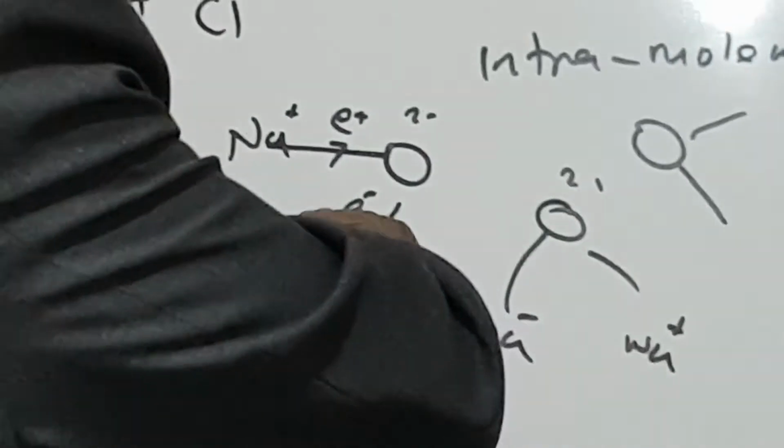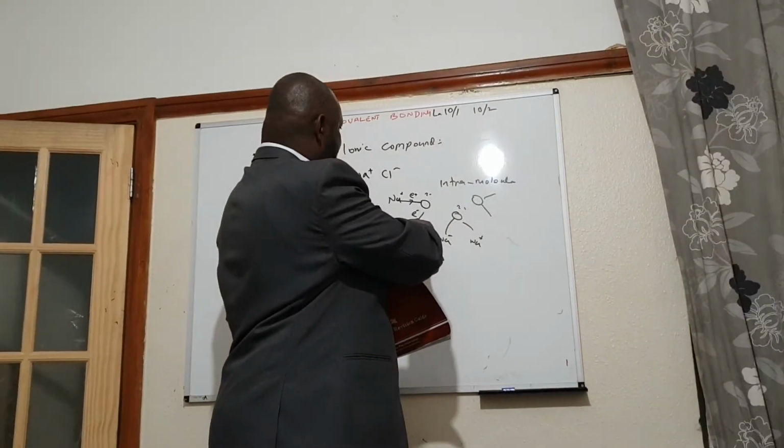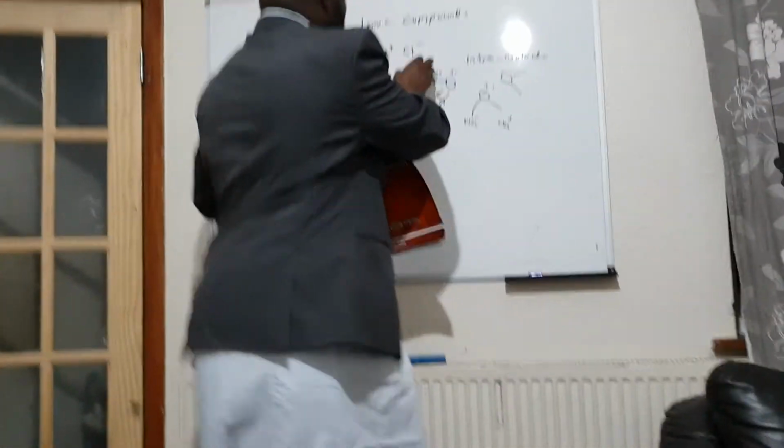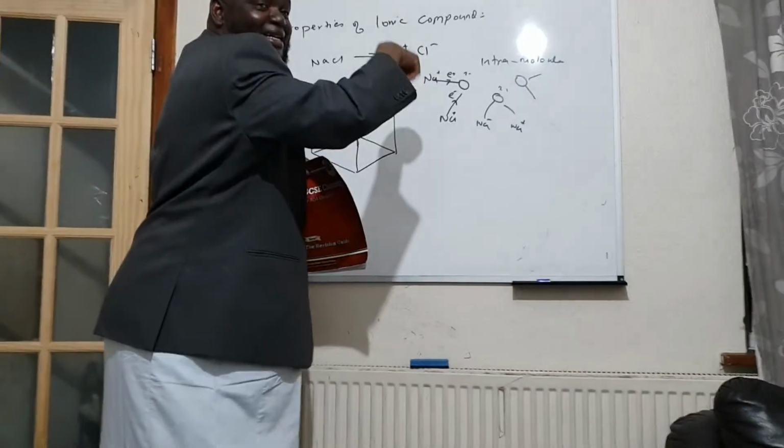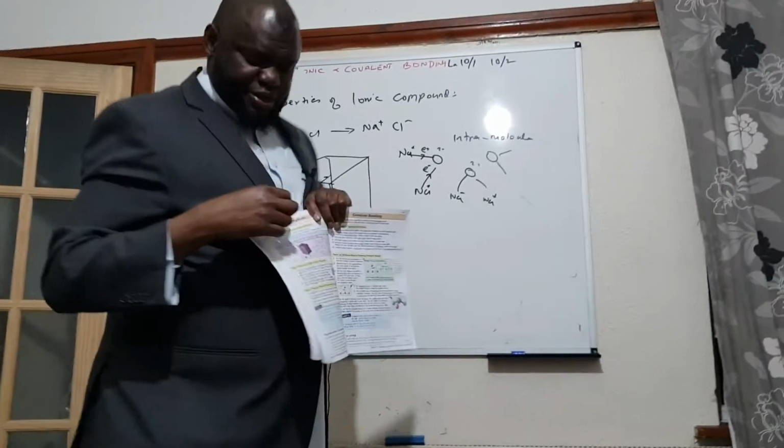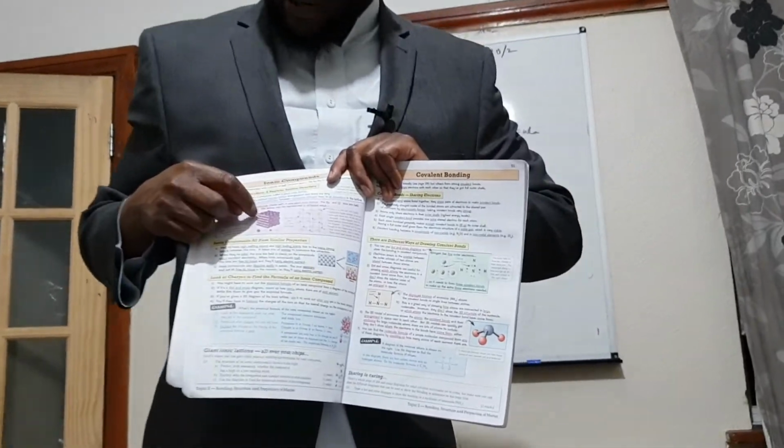They are arranged in that form, so each positive attracts a negative. The bonding within the molecule itself, like sodium oxide, is called intramolecular.